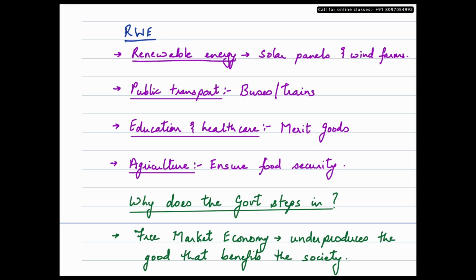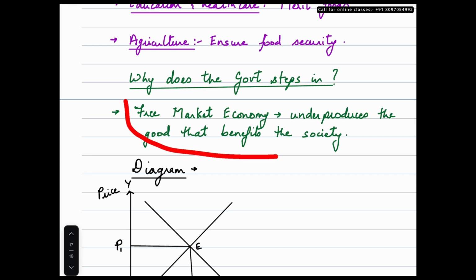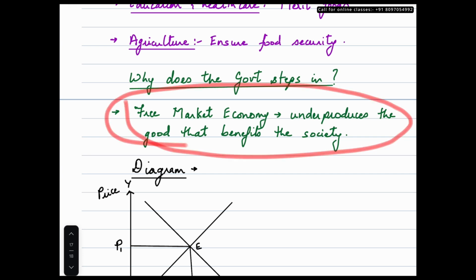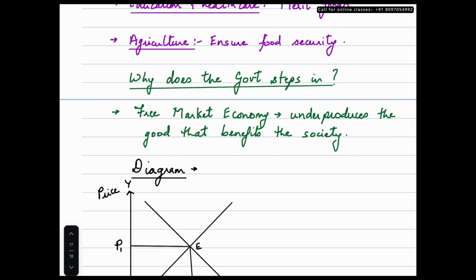And finally, government may also subsidize agriculture so that there is food security, and many a times to show support to the farmers. In every single case, the pattern is the same. The government steps in because the market is producing too little of a commodity that benefits the society. Alright, so this is what you would want to write when we talk about the reasons for government intervention.